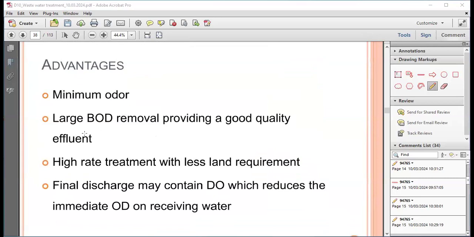Advantages: minimum odor, large BOD removal, providing good quality effluent.